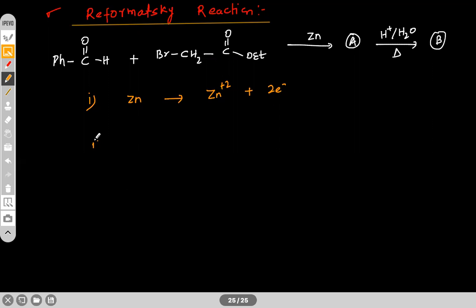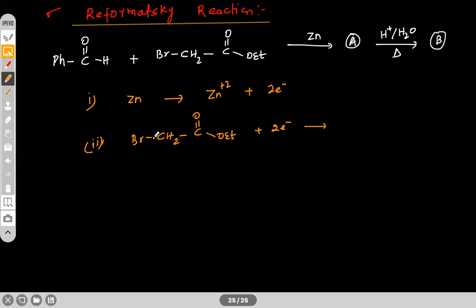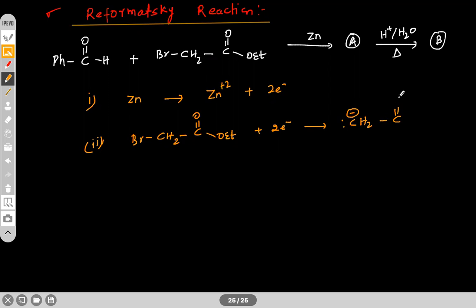So this alpha halo ester, which is BrCH2C(=O)OEt, in presence of free electrons, again you see we are getting a nucleophile here. From this Br minus goes out and we get CH2 negative charge C(=O)OEt plus Br minus.